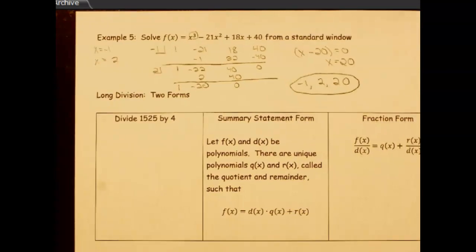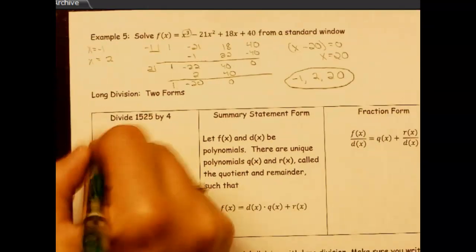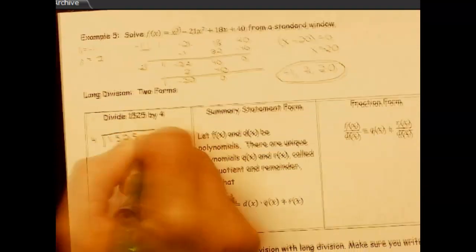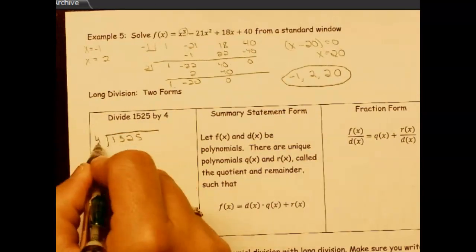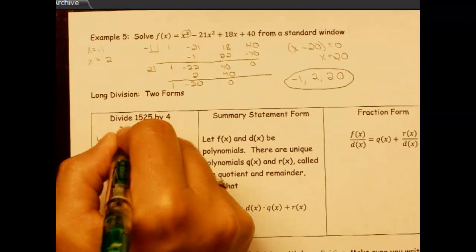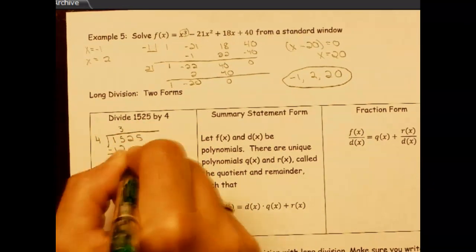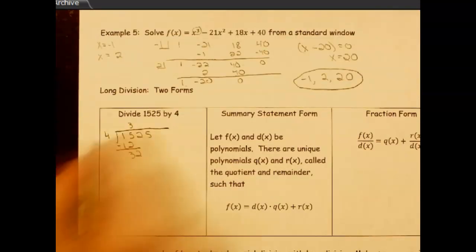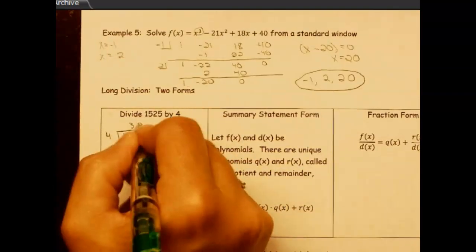Okay, last piece in this lesson is long division. And we want to start by just remembering, how do we long divide with numbers? I'm taking 15 divided by 4, that's 3. I multiply, and then I subtract, I start the process again. 32 divided by 4 is 8.